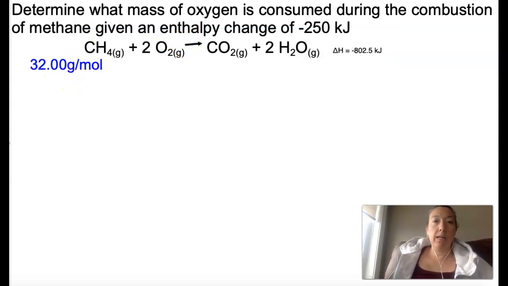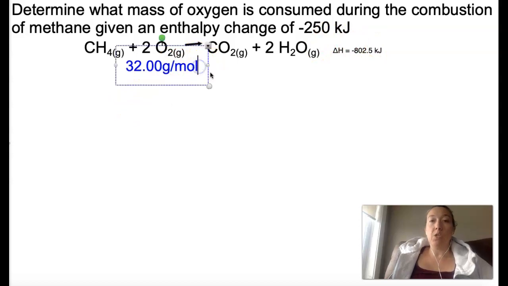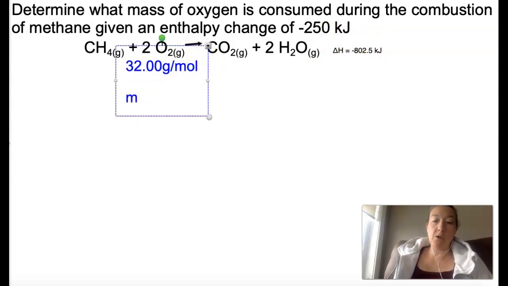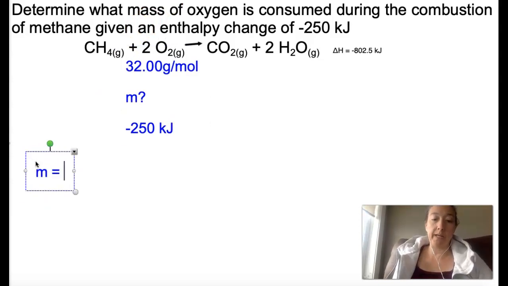Okay, so here's our equation. We have that associated with oxygen, right? Because we are trying to find the mass, and we have been told that 250 kilojoules were released, right? So we know that for whatever unknown mass, we release negative 250 kilojoules. So again, I'm doing unit analysis, so I'm thinking mass of oxygen, I'm trying to find grams.